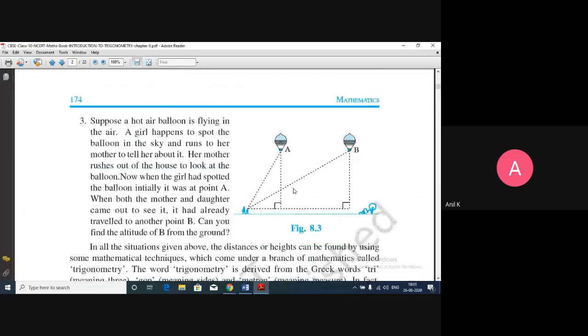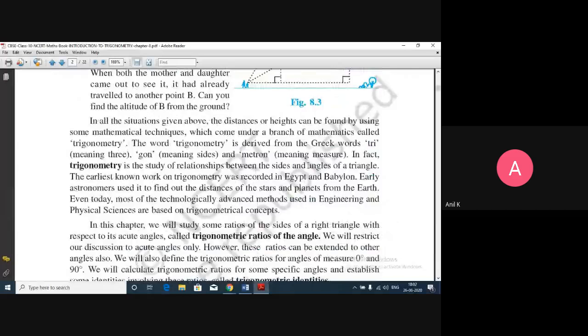And the third type of question is if a balloon is moving at a certain height and the height is constant, moving from A to B, if I know the person is looking at the balloon here and after a certain time it has moved here, I can find at what speed the balloon is moving. These are a few examples which I can solve by using the trigonometric ratios.